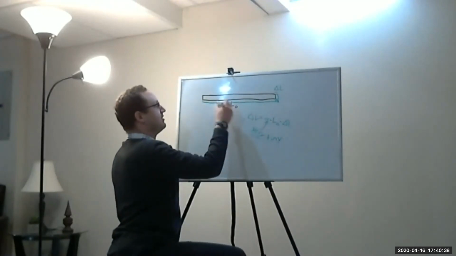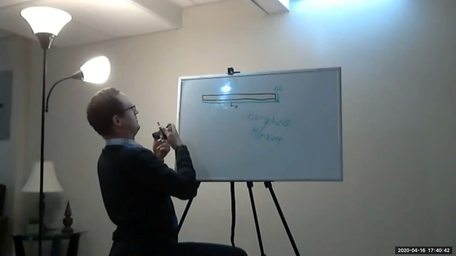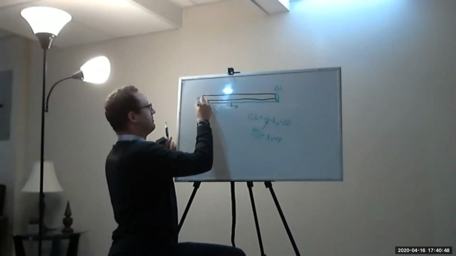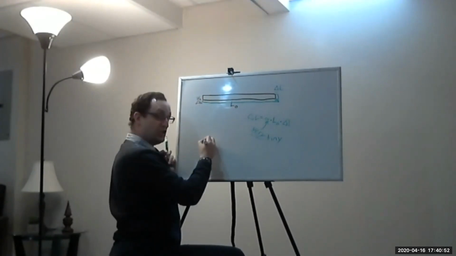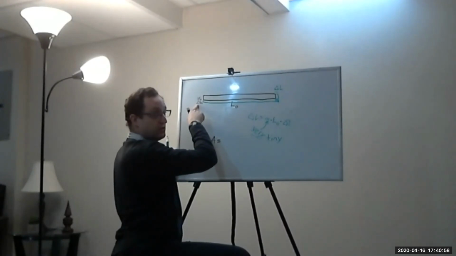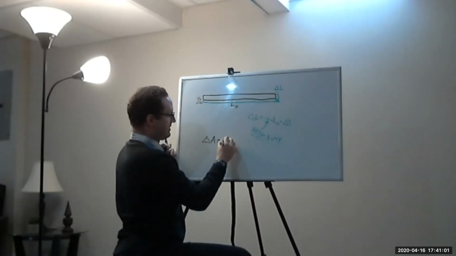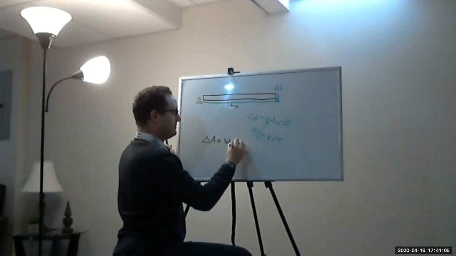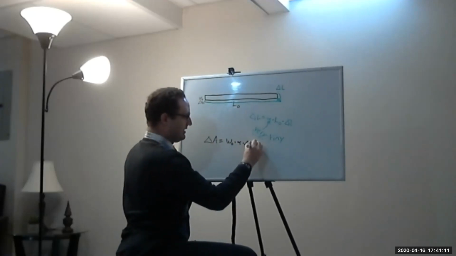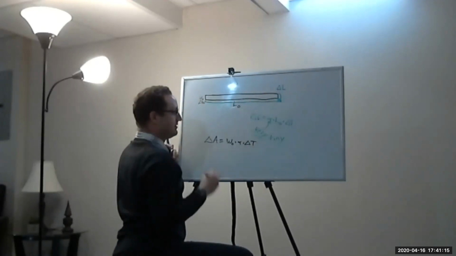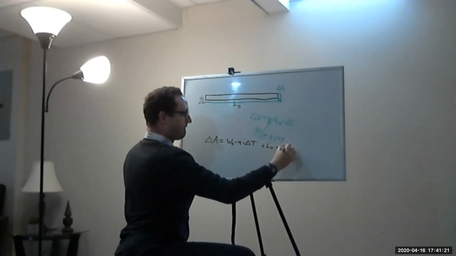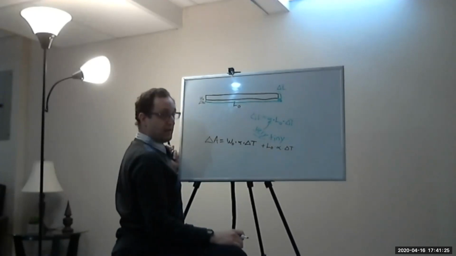If that one I'm going to call L, and I'm going to call this W naught, and this delta W, such that when I look at my change in area, delta A, it's going to equal, in order to find delta W, I need W naught times alpha times delta T. In order to find delta L, I need L naught, right?